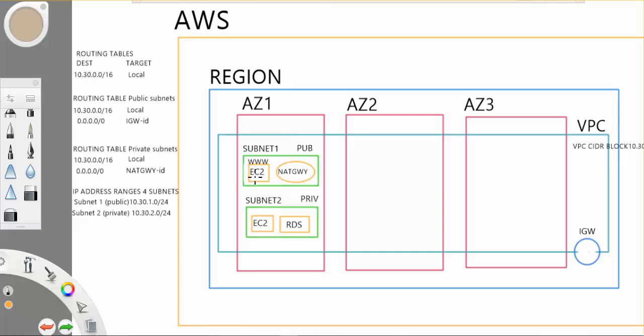I haven't mentioned it, and I didn't include it in this diagram, but each one of these devices is going to have a security group attached to it. If you remember when I was talking about security groups, a security group is simply a firewall that you attach to different EC2 instances.